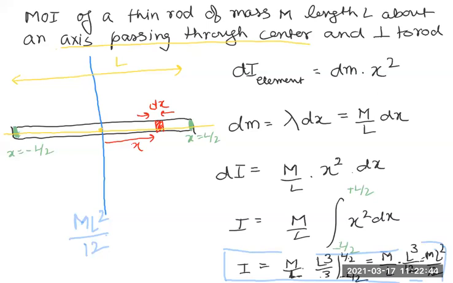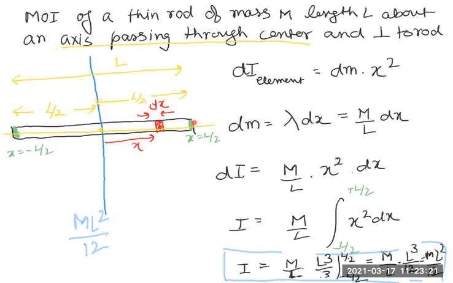Therefore, this distance must be L by 2 and this distance must be L by 2. So the x value for this guy must be minus L by 2 and the x value for this guy must be plus L by 2. If you take L by 2 for this and this, basically you are pointing at the two same elements, which you don't want to do.